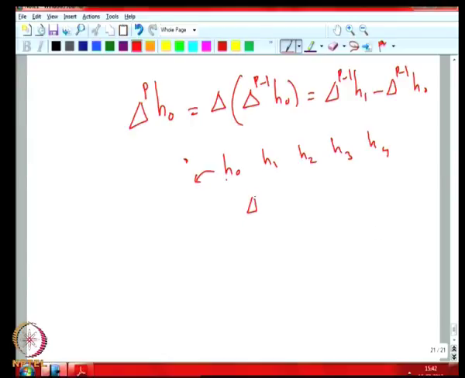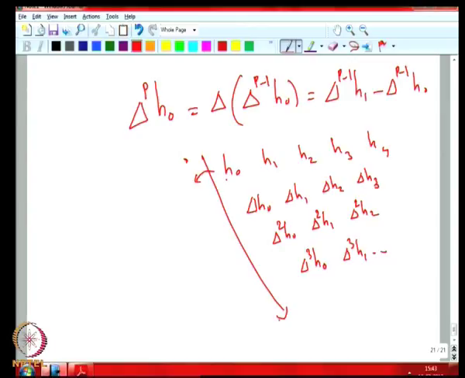Now here we can write delta of h0, delta of h1, delta of h2, delta of h3 and so on. And here we can write delta square of h0, delta square of h1, delta square of h2 and so on. If you take the difference between these two, we will get delta cube of h0, delta cube of h1 and so on. So this is the concept of pth order difference sequences. So we can keep on writing these difference sequences.